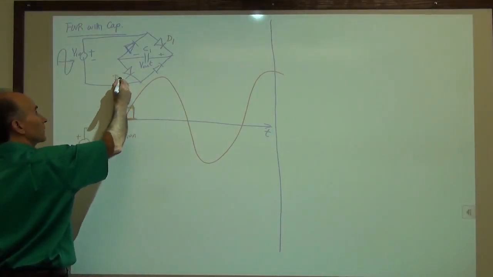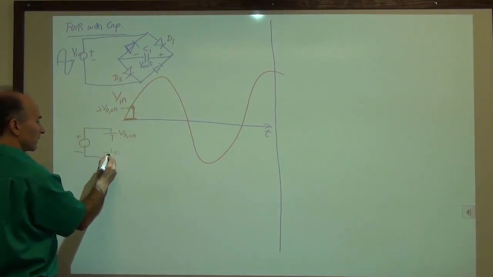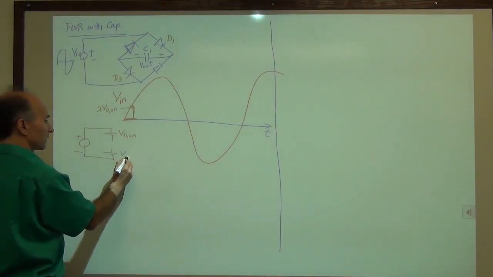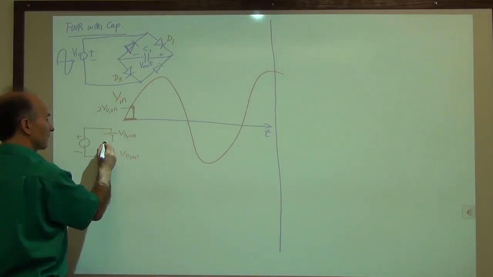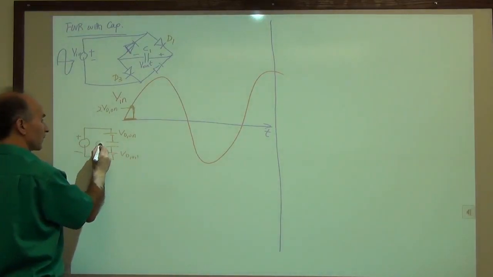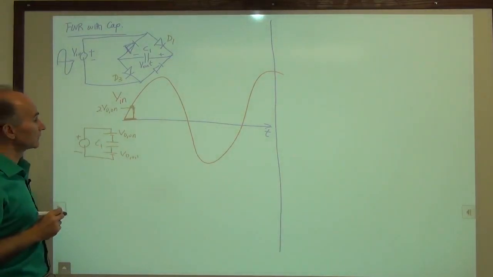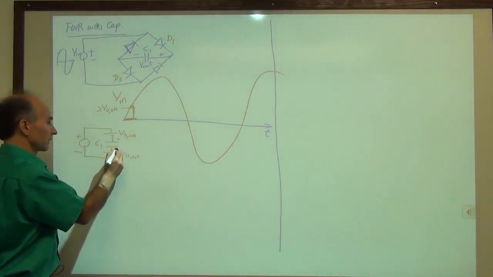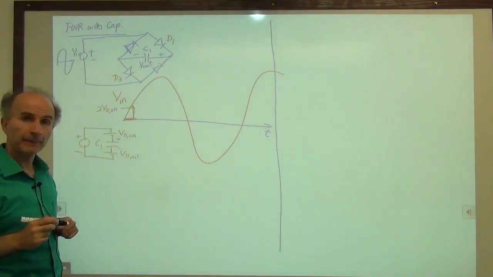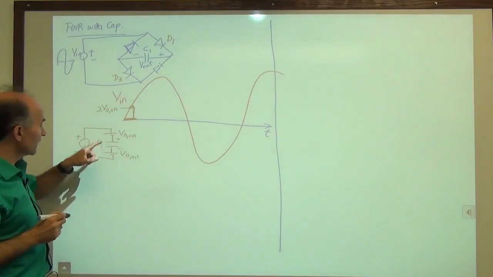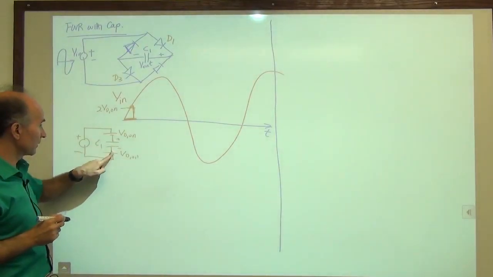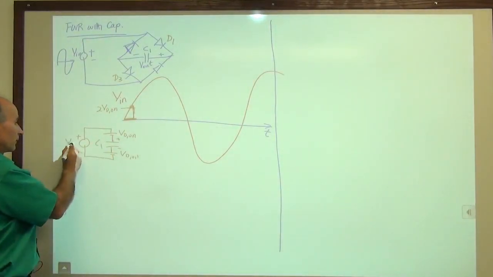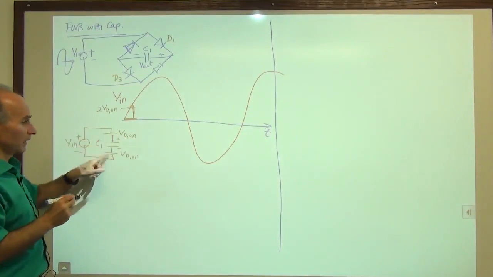This diode D3 turns into a battery, VD on, and between them we have a capacitor, C1. Positive V out, negative V out. Okay, so we see that the voltage across the capacitor is still given by V in minus 2 VD on.